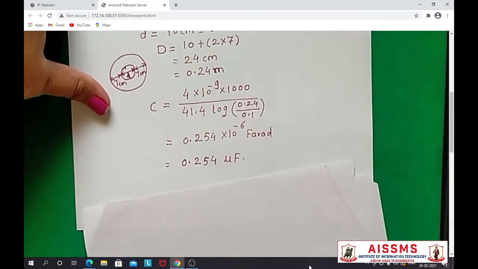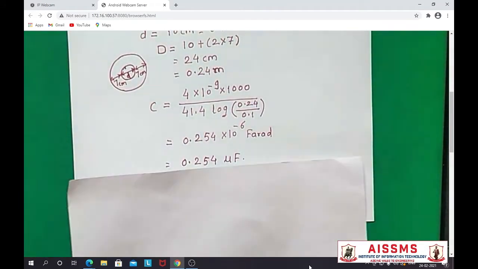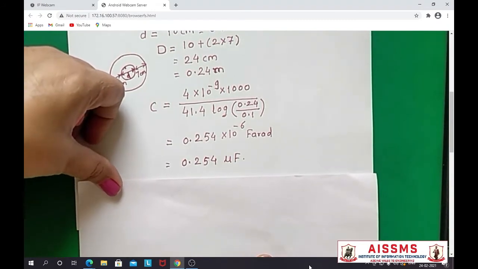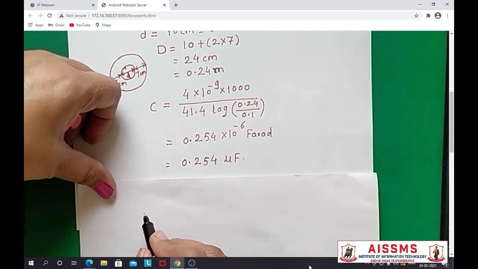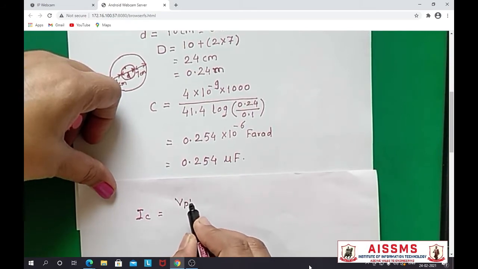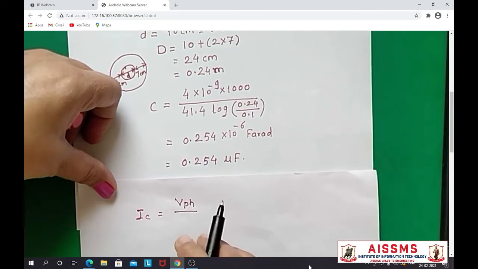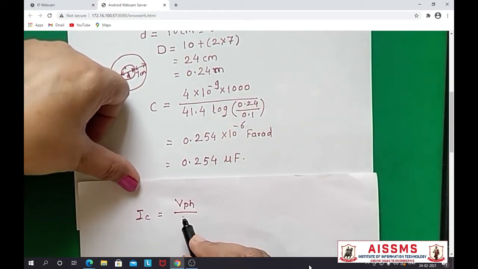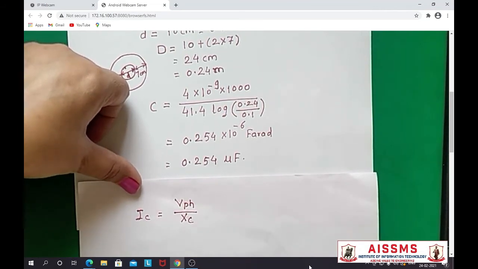Now, we can find charging current by using the formula IC is equal to V phase upon XC, that is the capacitive reactance.